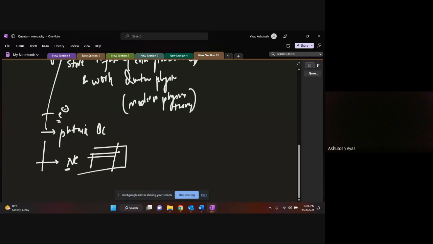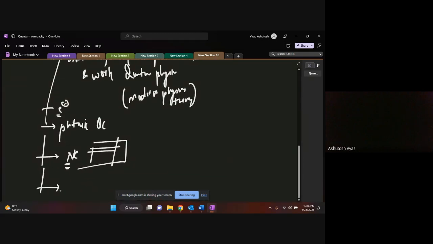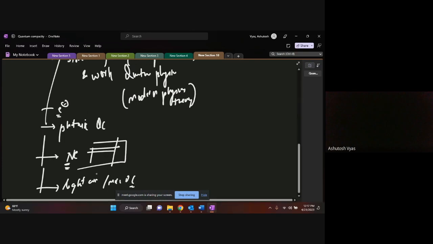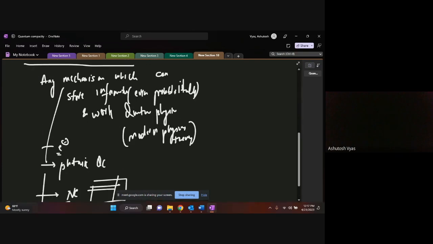So there are certain types of quantum computers which work on these things, right? And then there are basically light wave or microwave quantum computing machines. So there are many different ways of developing a quantum computer. The most famous ones are those where electrons are used, and photonic quantum computers are used to store the information.